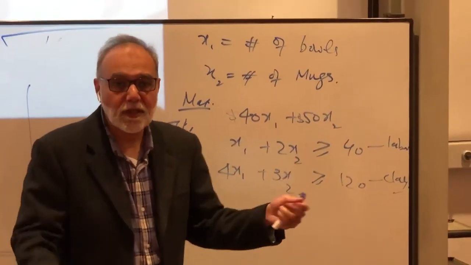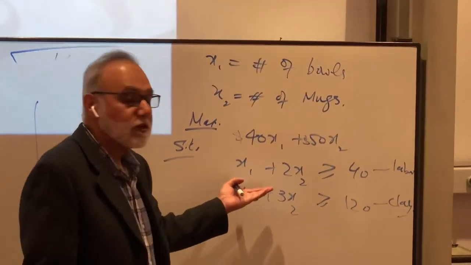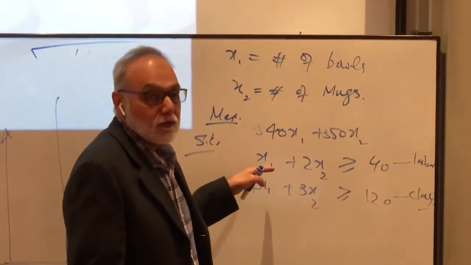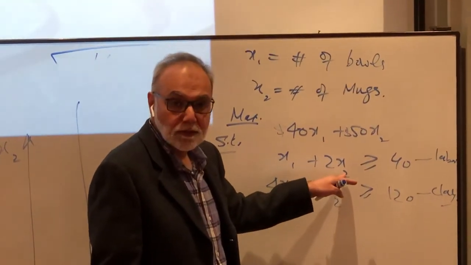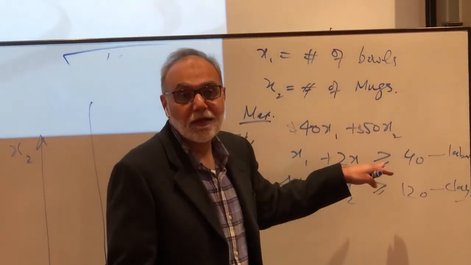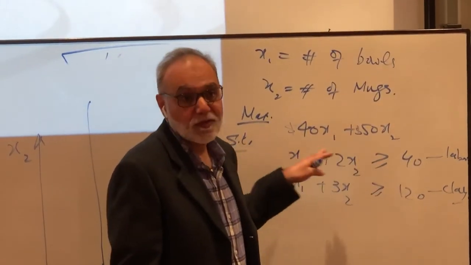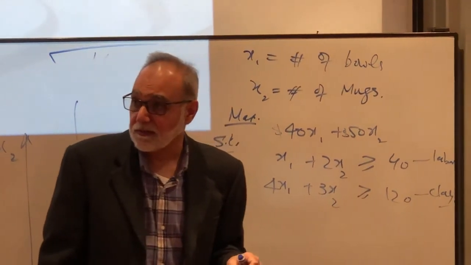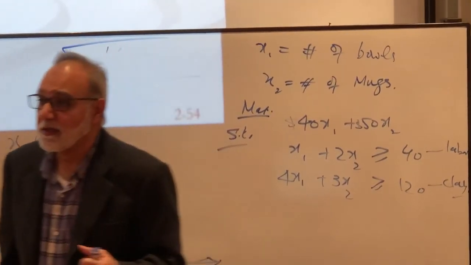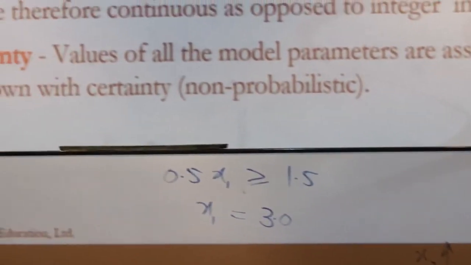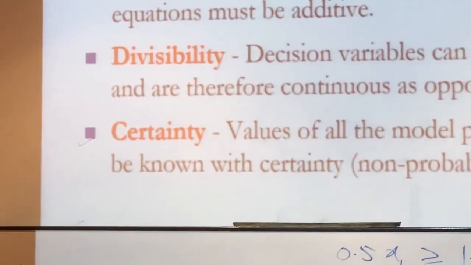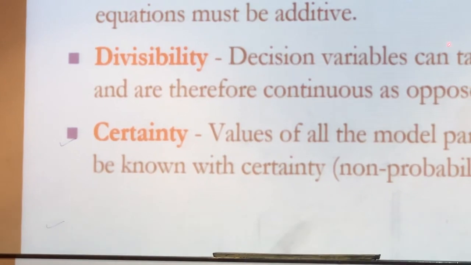So additivity is there in the objective function. The same goes here: if you make one bowl and one mug, you will use 3 hours. So additivity is there, and linearity is there. Terms in the objective function and constraint equation must be additive.